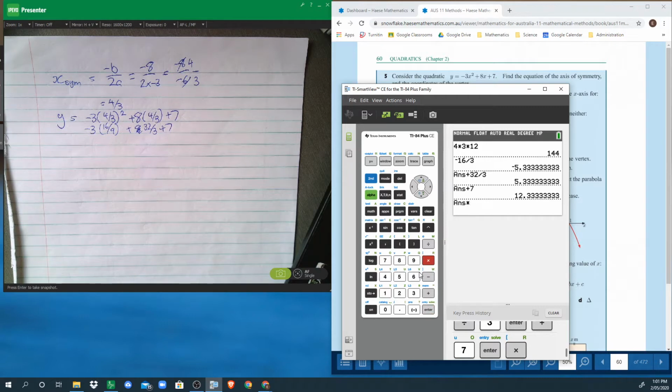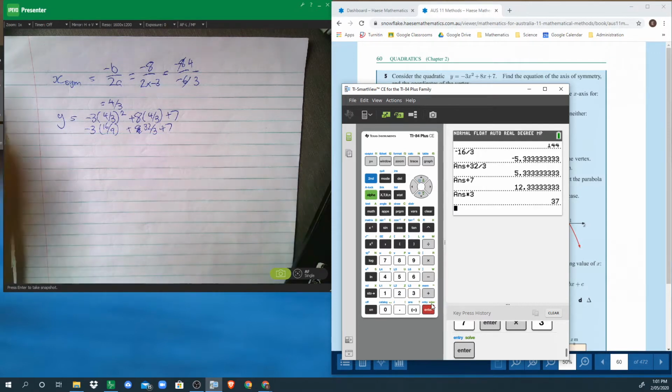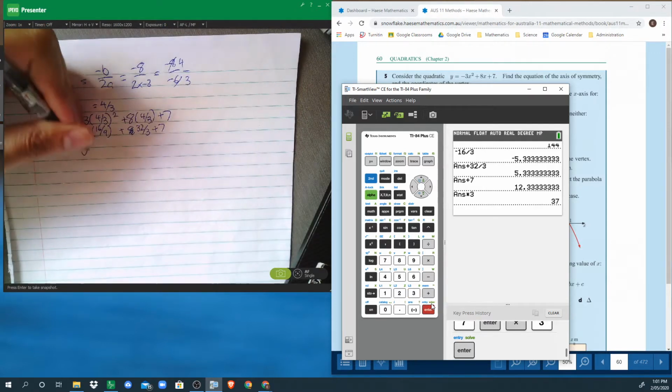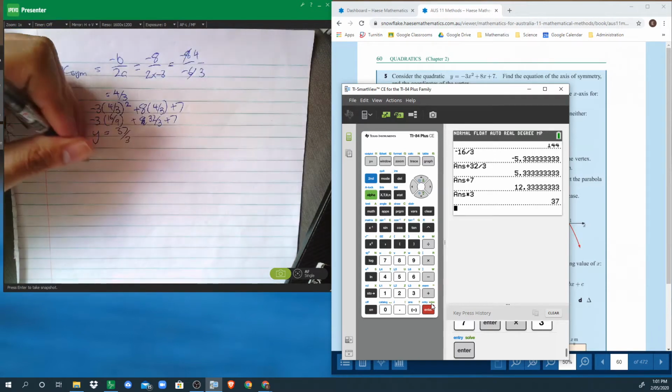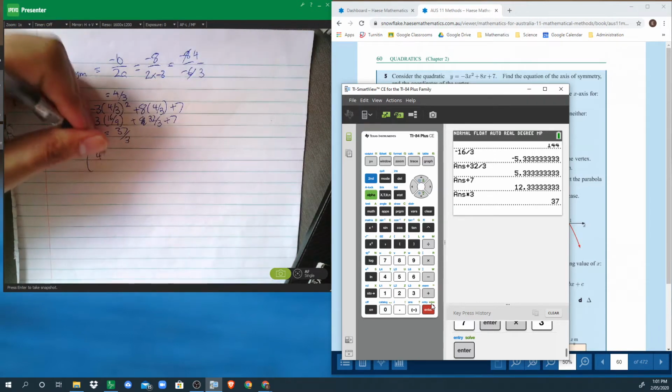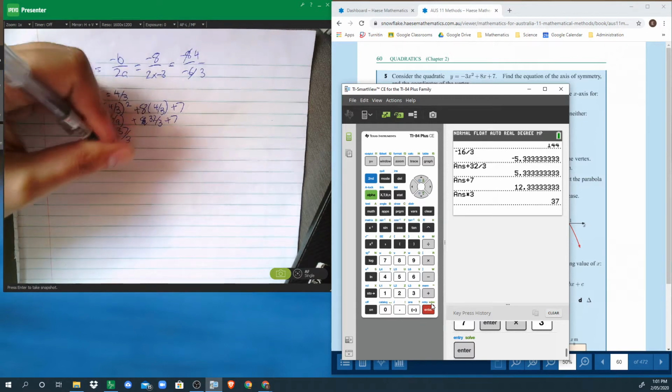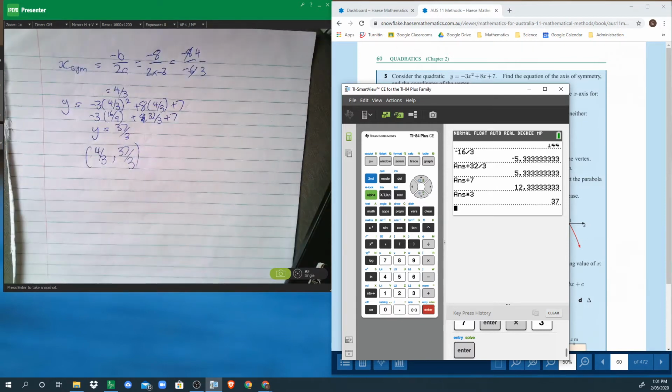If I've done that all right, times by 3. I got the answer for the y coordinate of the vertex being 37 on 3. So the coordinates of the vertex thereby are 4 on 3, 37 on 3. Double check the working yourself if you like. I'm not going to go any further with that one because I've got other questions to go on with.